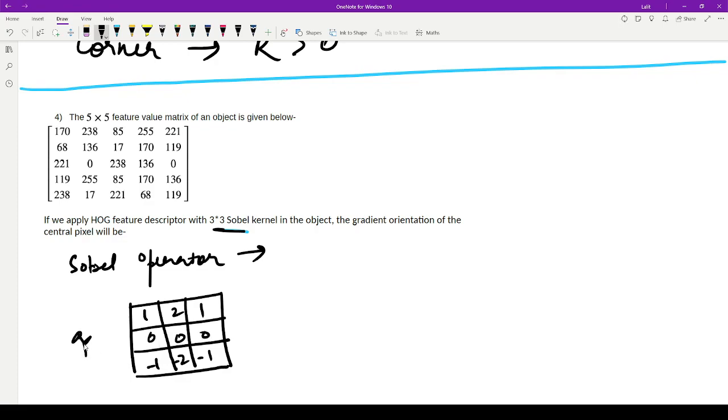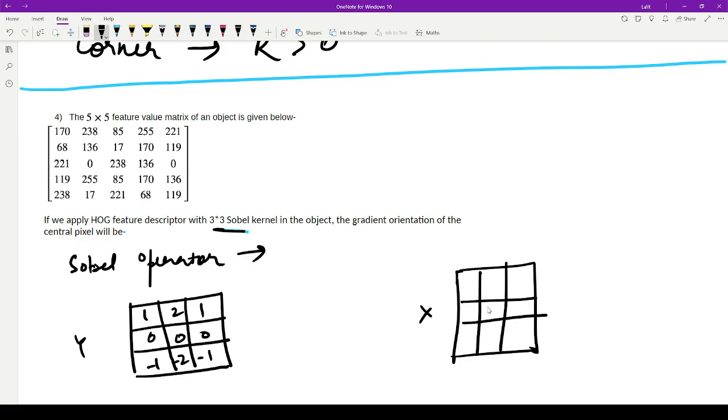This is for the y direction. And for the x direction, you just have to rotate it by 90 degrees. So the same thing like this.